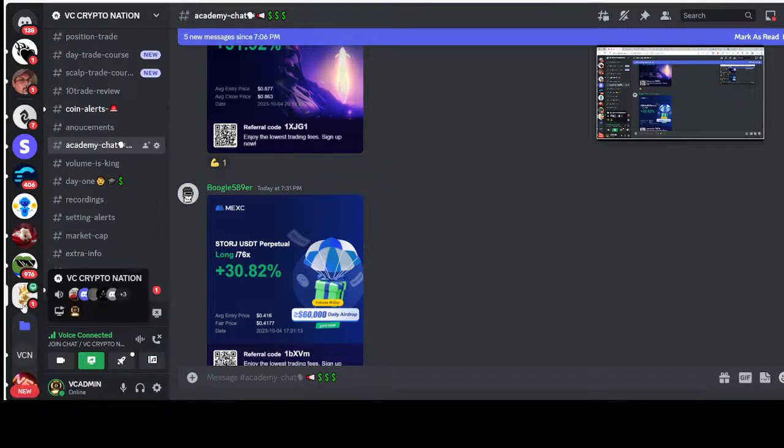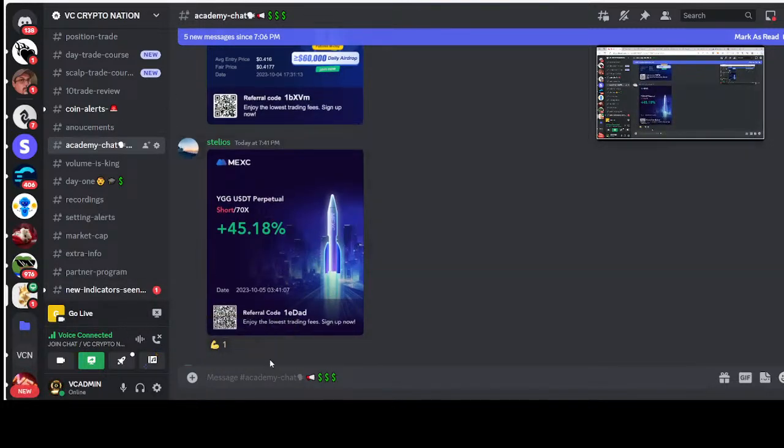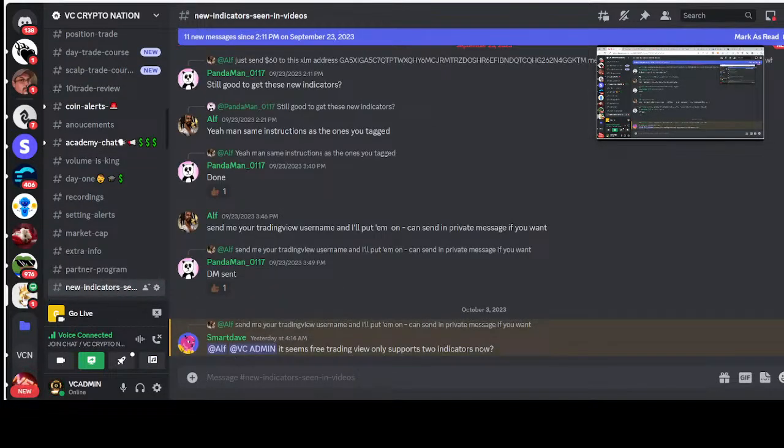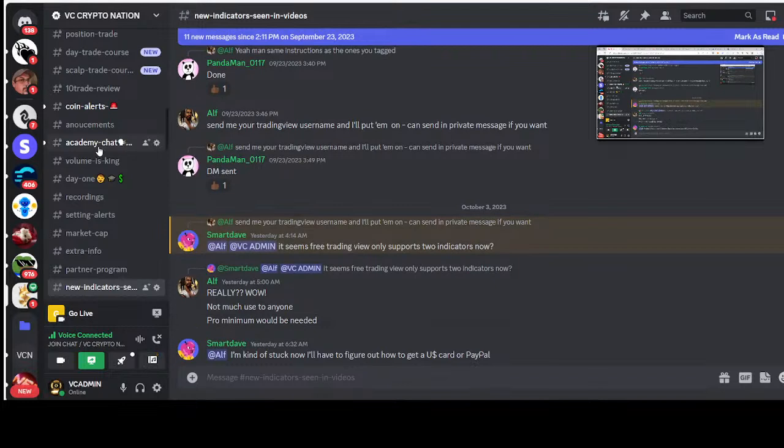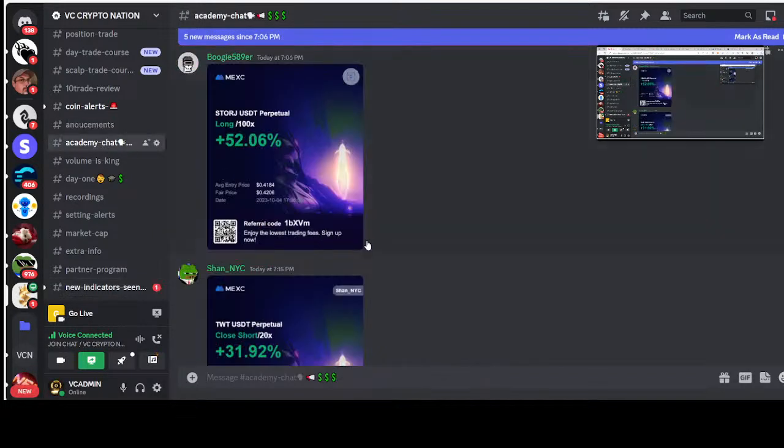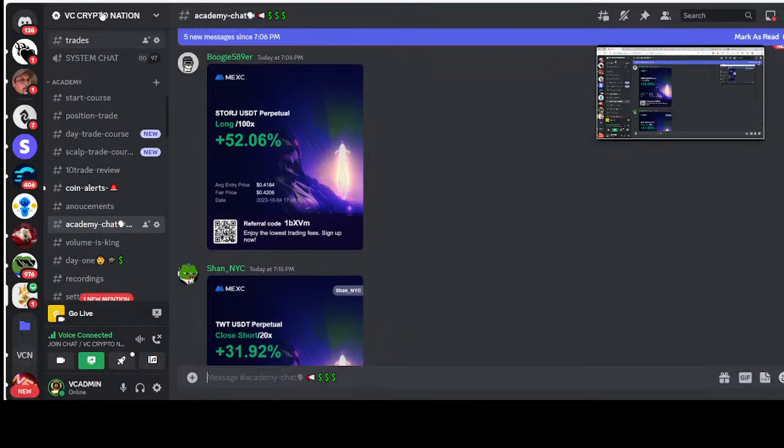But because I'm already here, it doesn't show me the messages that are new. If I click out into somebody else's Discord, it still doesn't show if there's a new message in, like, the VC Crypto Nation Discord. So I'm wondering if it's something on my end.